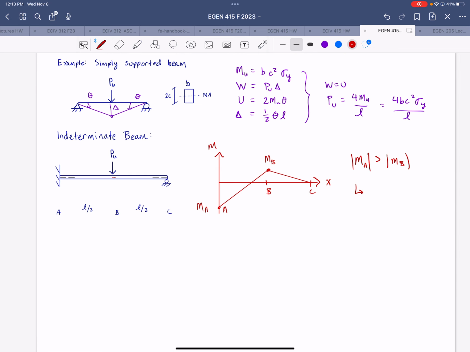So that tells us that the hinge will develop first at the fixed support.